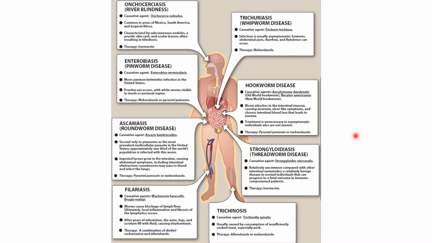Then trichuriasis is a whipworm and is usually asymptomatic, and treatment is mebendazole. Mebendazole is the most frequently used agent. And hookworm is a worm that attaches to the intestinal mucosa and leads to anorexia, ulcer-like symptoms, and chronic intestinal blood loss.